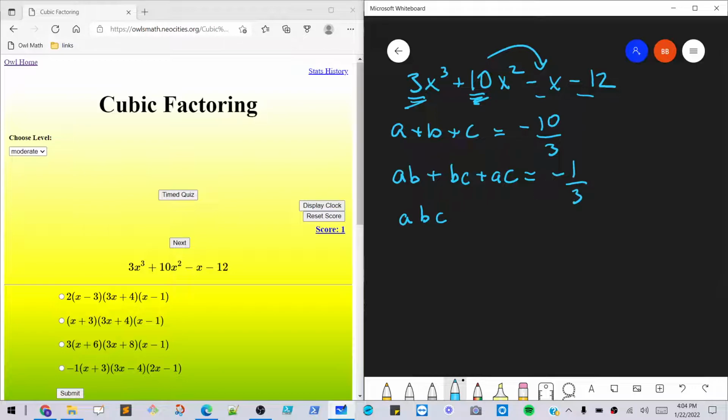I don't want to use a because I'm already using a. Shoot. So let's just say it's in this form.